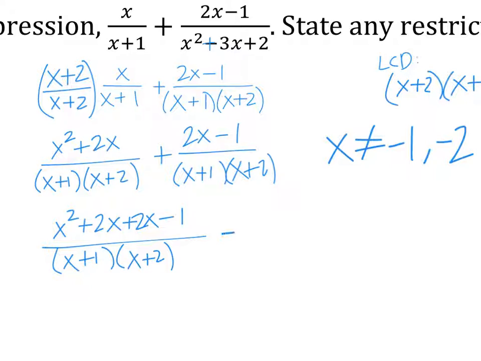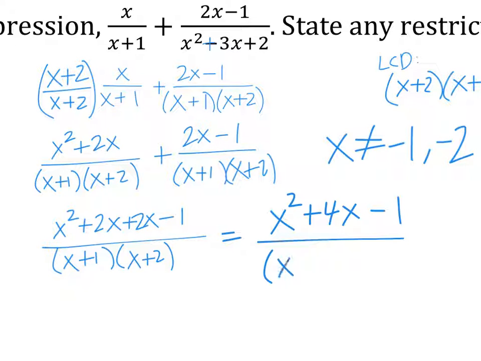Okay. Sorry. So this is x squared plus 4x minus 1 over x plus 1, x plus 2. Can I factor the numerator anymore so that things can cancel? No. Okay, so we're done.